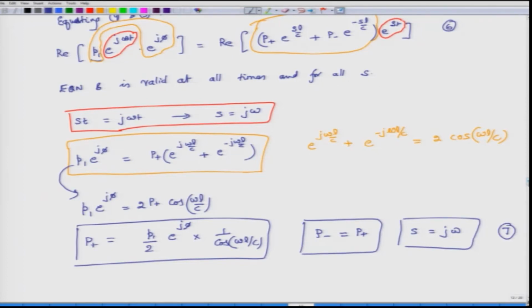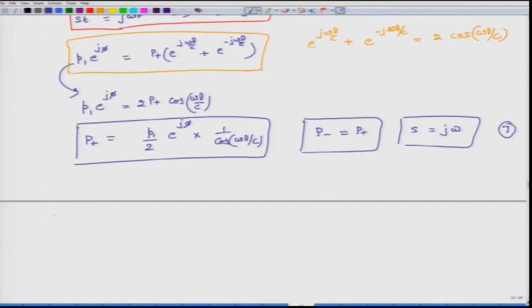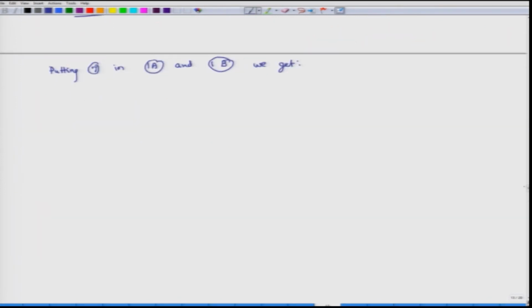So, once we have these equalities, I can put equation 7 back into equations 1a and 1b. So, that is what I am going to do. Putting 7 in 1a and 1b, what do we get?